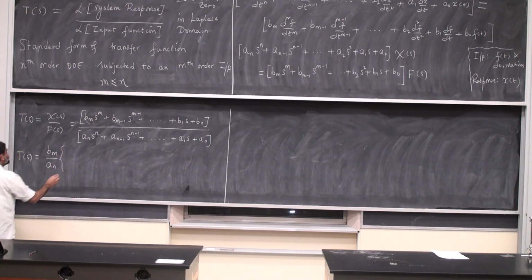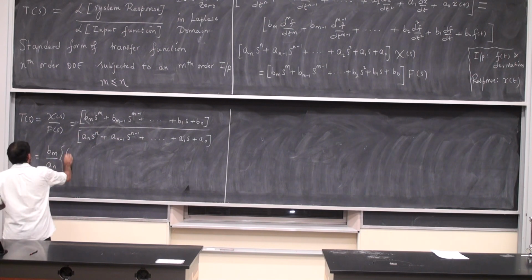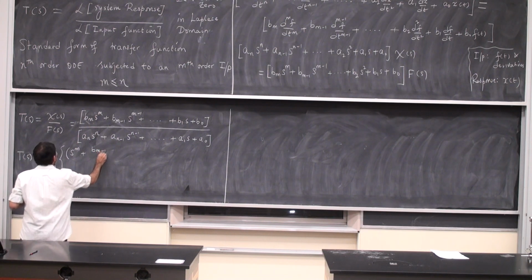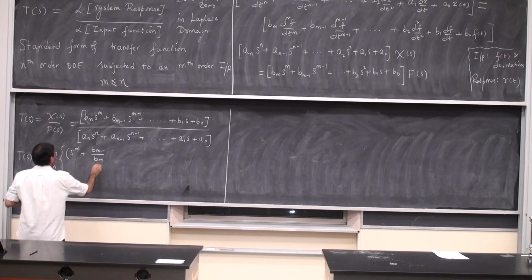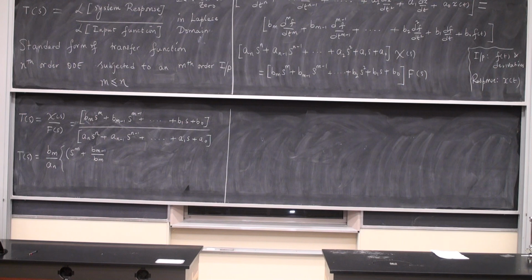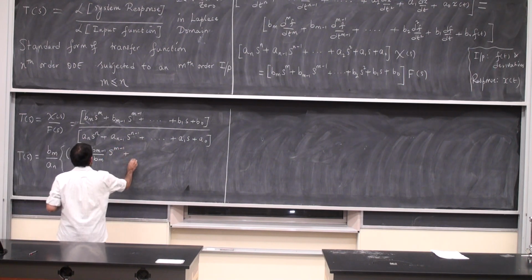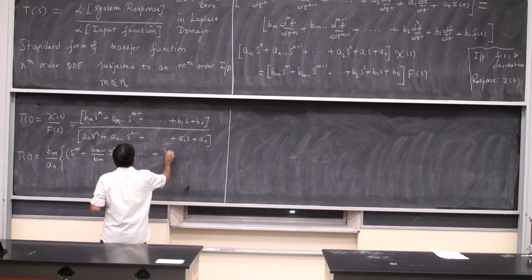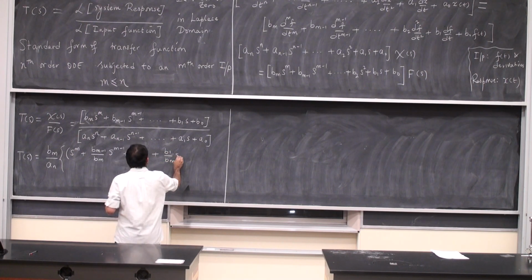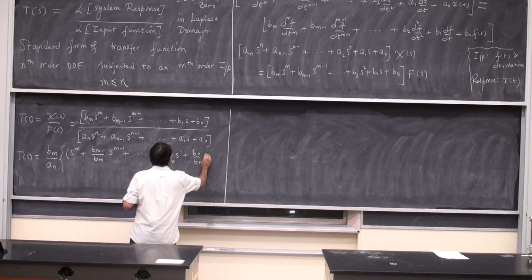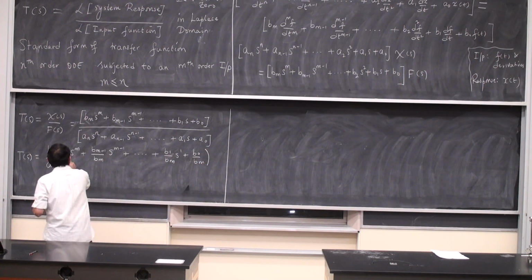and we have the following. The numerator now becomes the following. It's s to the power m plus Bm minus 1 divided by Bm, because I'm taking that as a common factor, s to the power m minus 1, B1 by Bm, and B naught by Bm.